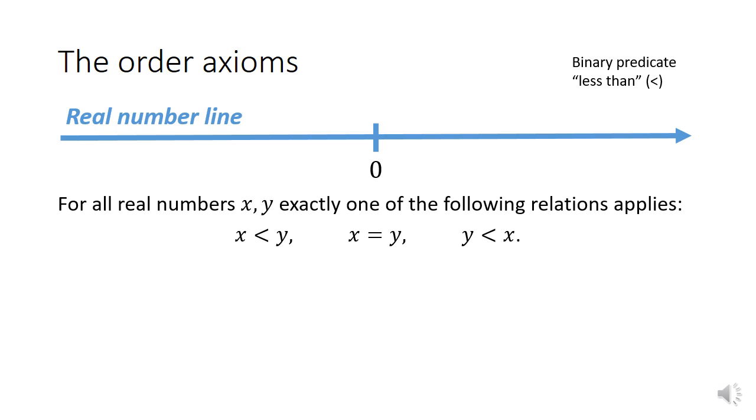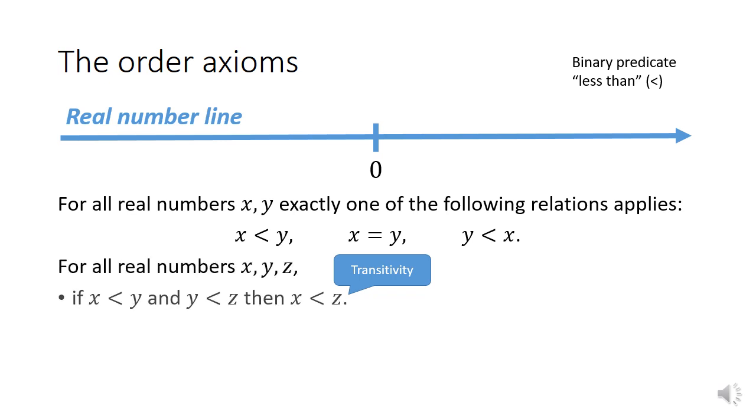Two different real numbers can therefore always be compared by less than in exactly one direction. For the binary predicate to be an order predicate, it must also have a property known as transitivity. That is, if x is less than y and y is less than z, then x is also less than z.